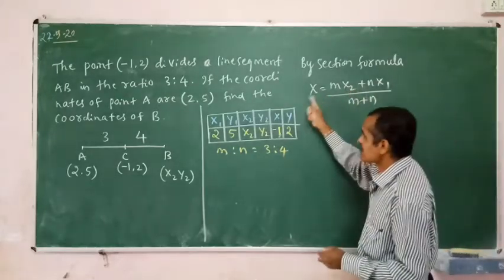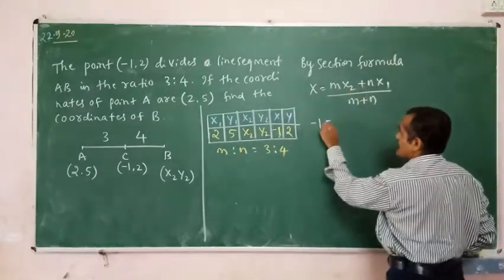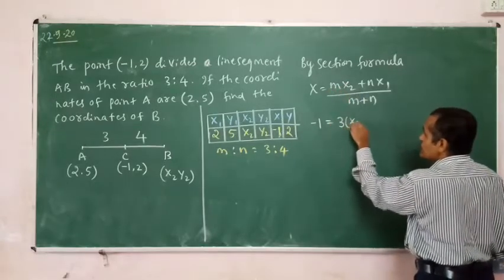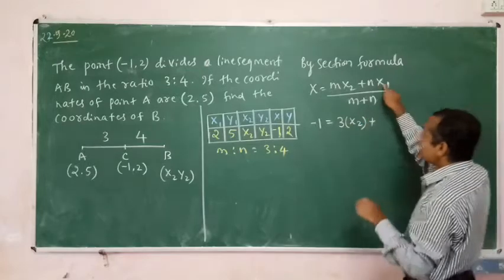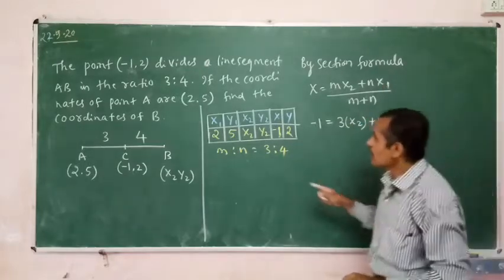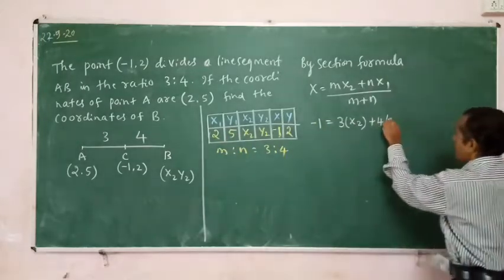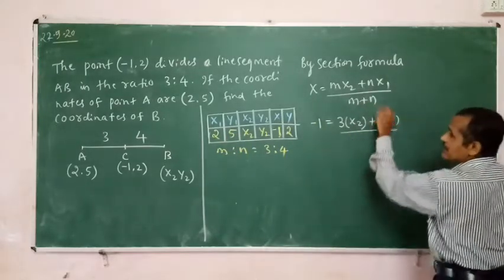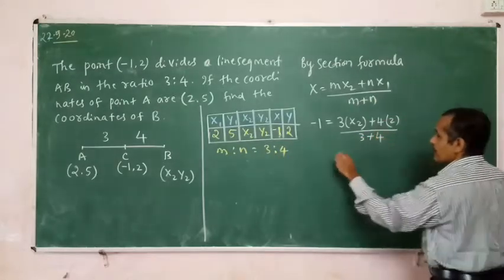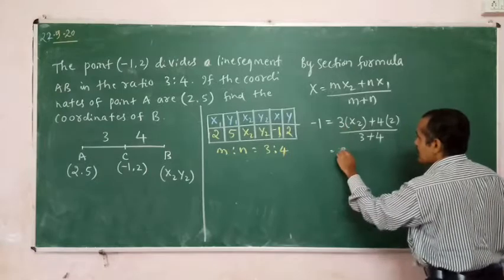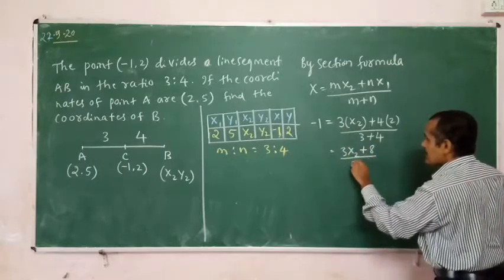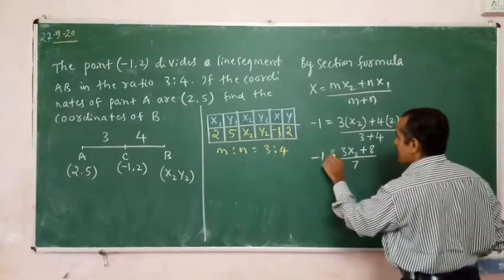Substitute the values. x is -1, equal to m x2, m is known, 3 into x2, plus n x1, n is 4, 4 into x1, x1 is 2, divided by m plus n, 3 plus 4, which is equal to (3x2 plus 8) divided by 7 is equal to -1.